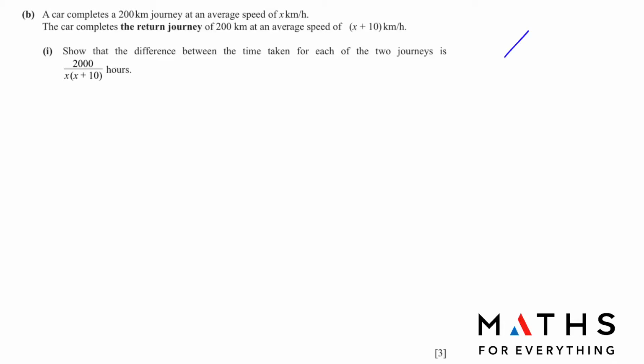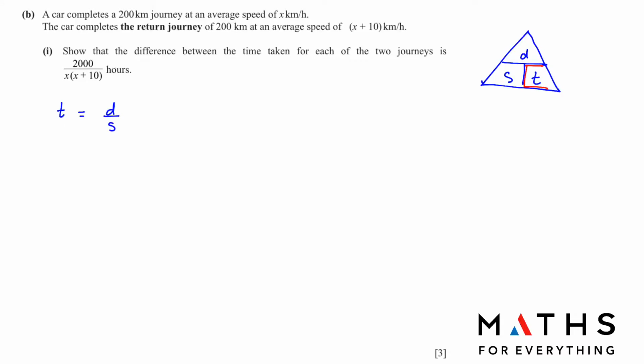I hope you are aware of the triangle: distance, speed, and time. So if we want to find time, we take distance over speed. Time is equal to distance over speed.